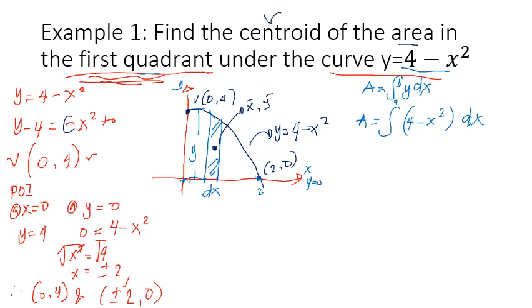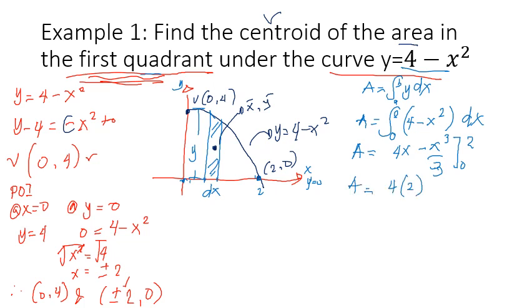So that's 4 minus x squared from a, which is 0, to b, or upper limit, which is 2. So getting the area, this is equal to 4x minus x cubed over 3 from 0 to 2. So substitute the upper value and then the lower value into this equation.